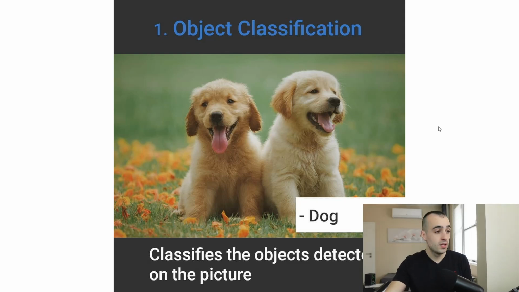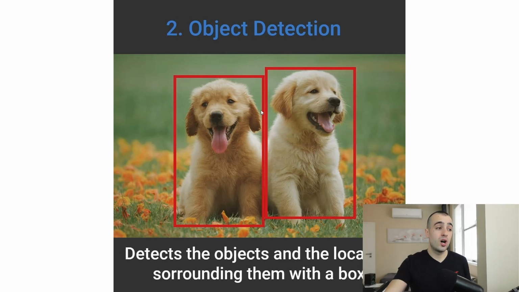nothing more. After the classification, we have object detection. Object detection is much more common and of course even more useful today, because we do not only say what's inside the image, we also tell the position of the specific objects. In this case, we have 2 dogs. We don't only detect that they are dogs, but also we can detect through object detection a bounding box surrounding each single object.